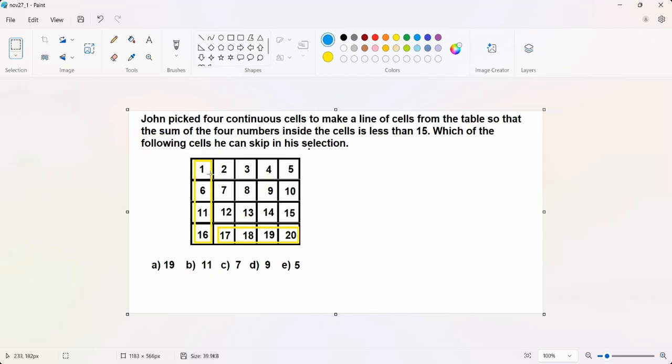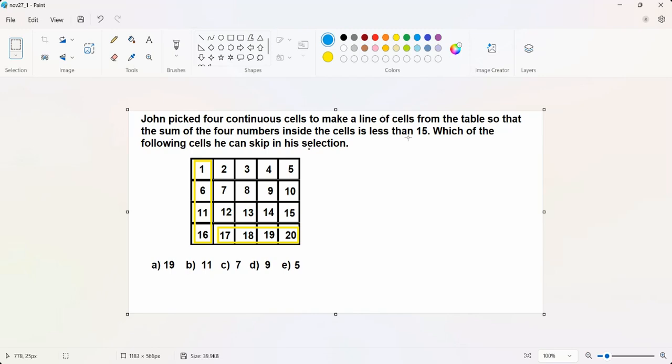So John can take any of the four numbers that are continuous. Okay, so he can either take vertically like 1, 6, 11, 16, or he can take horizontally like 17, 18, 19, 20. But whatever he does, whether it's a straight line up or a straight line like this, it has to be less than 15.